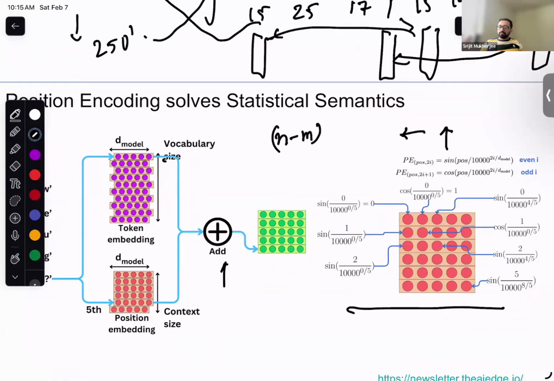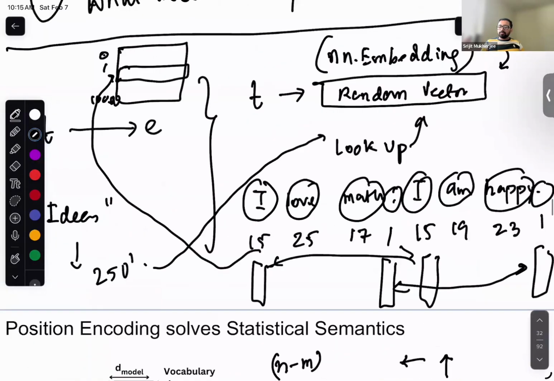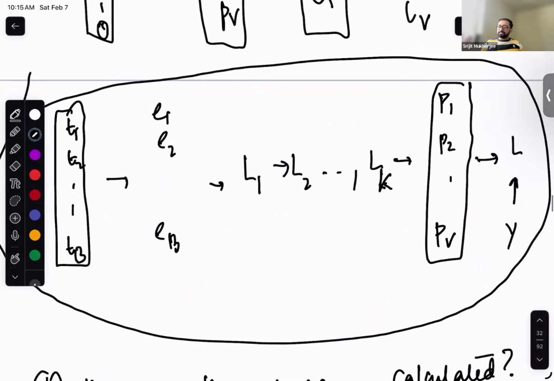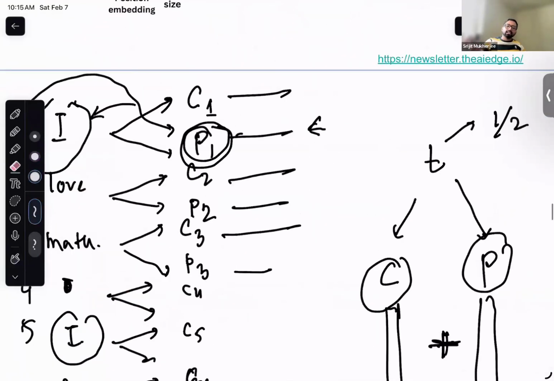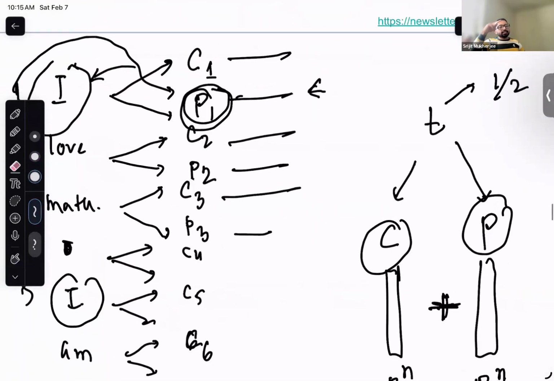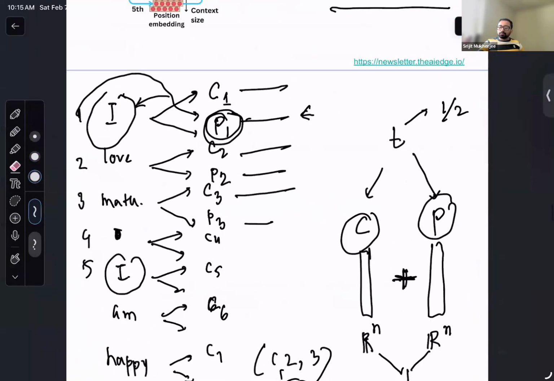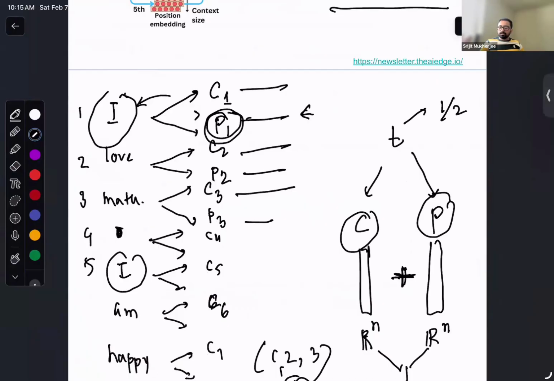Because, as I said in this example, let's say I say I love math and then again I say I love math, the relationship between I and math should not change just because it is at 1 and it is at 3.